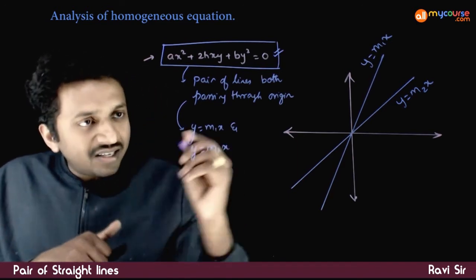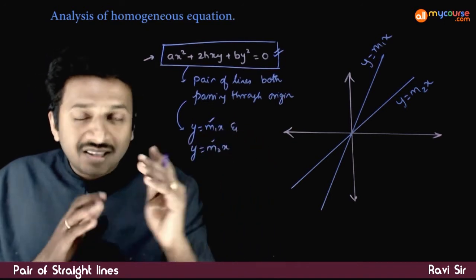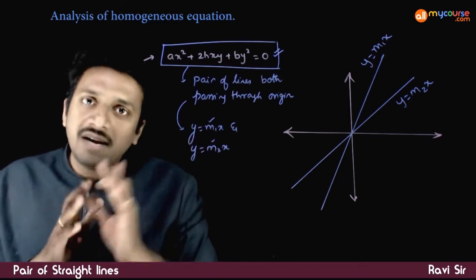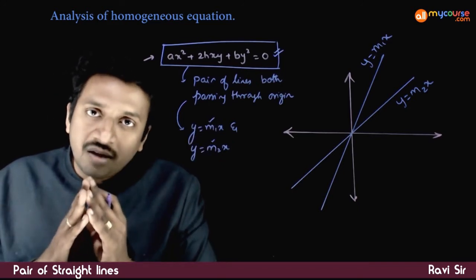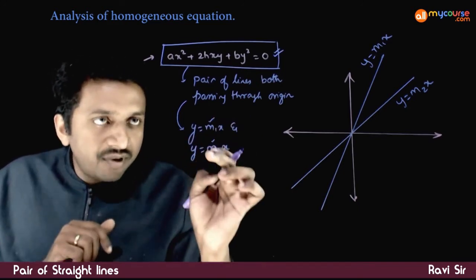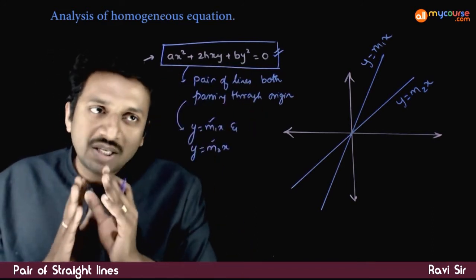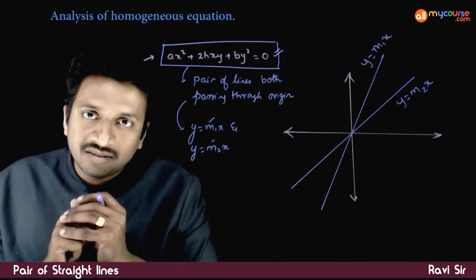That means the slopes of the lines making this equation are m1 and m2. Now, what is the relation between m1, m2 and the coefficients a, 2h, b? That's what we are going to analyze.